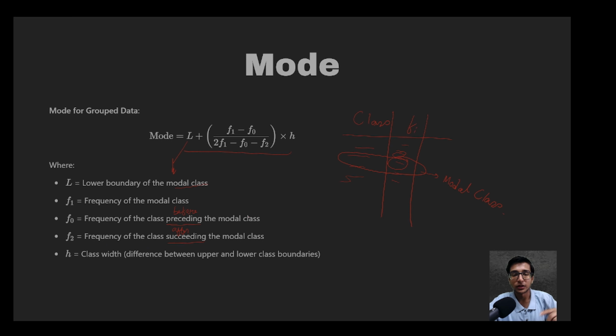Just immediate after. One step forward, what is the frequency of that class? And H is our class width. Again, it is the range up to which class interval has been provided. So that is how you calculate H. And so this is the formula to calculate mode. Again, an important formula for you to remember.